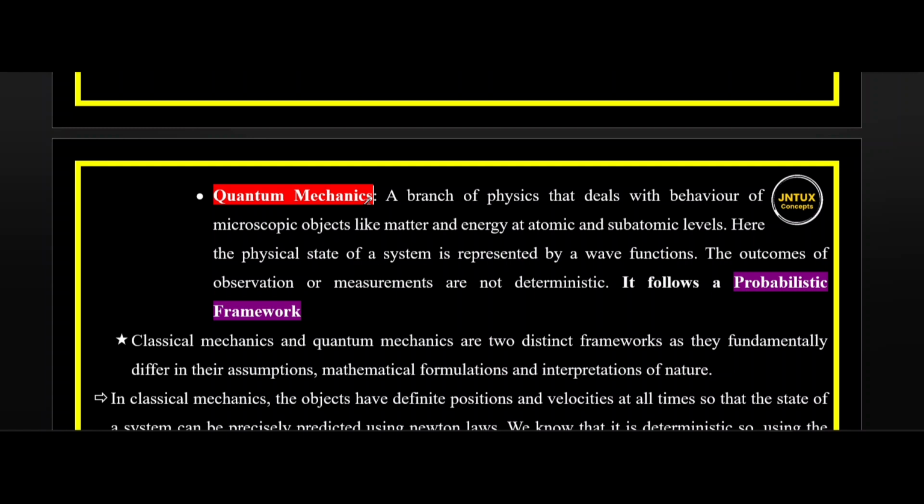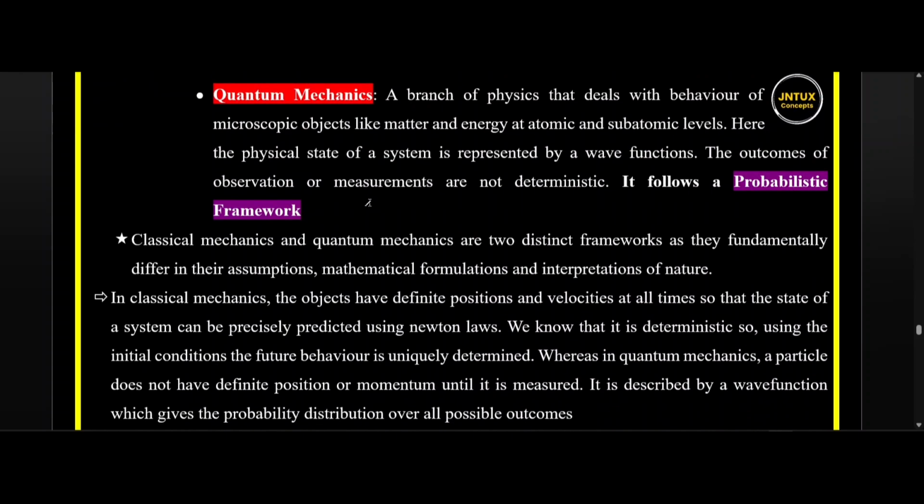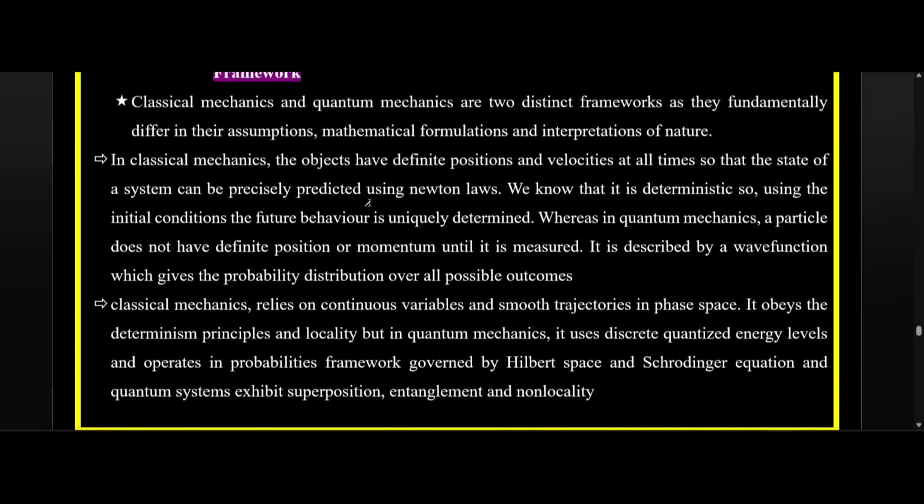The outcome depends on the measurement or the observations made by the observer. So it gives a probability of possible outcomes. I hope you have understood the definitions of both classical and quantum mechanics. So let's get into the comparison or differences in a simple way.